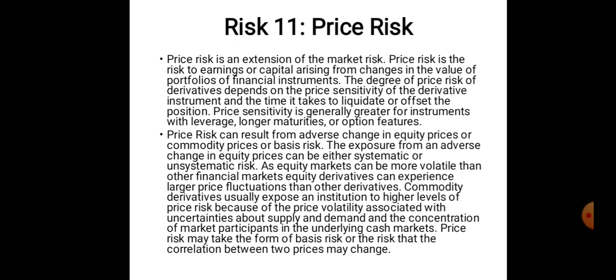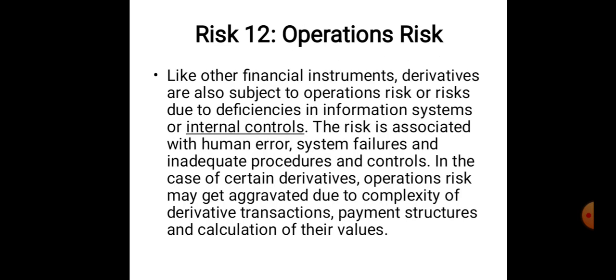If the external threats are controlled, then automatically the market risk will be reduced. If the market risk is reduced, then automatically this price risk will also be reduced. So this is about the price risk. And the next risk is operations risk.